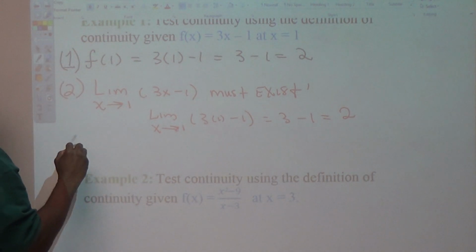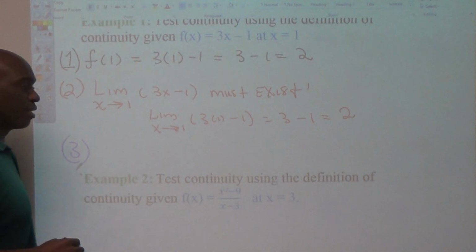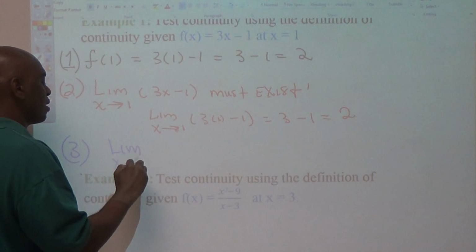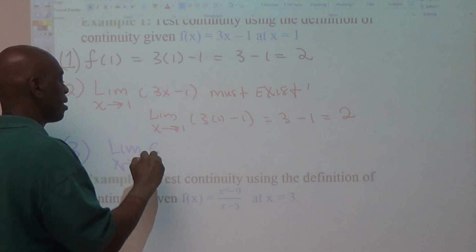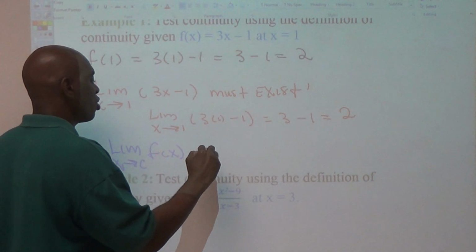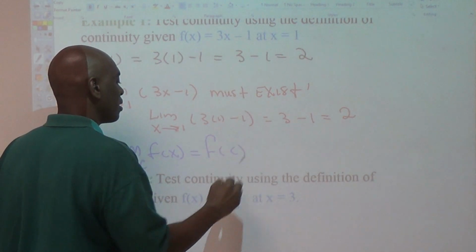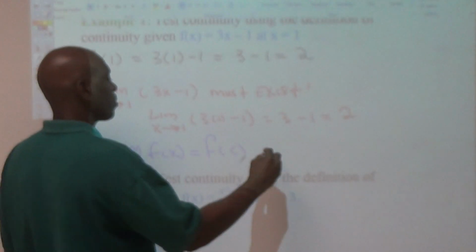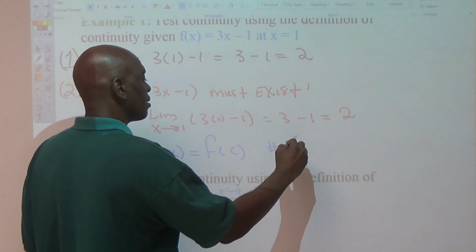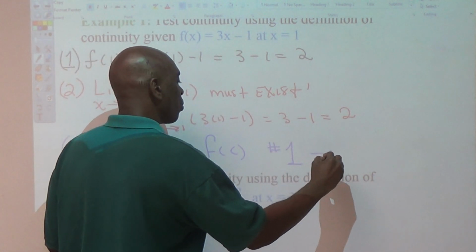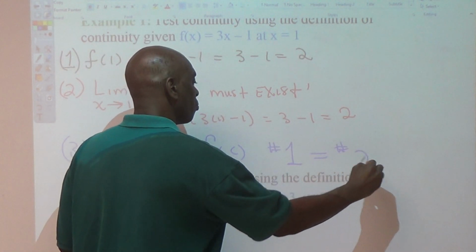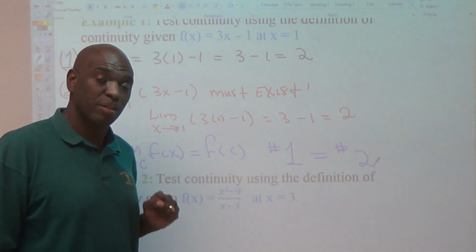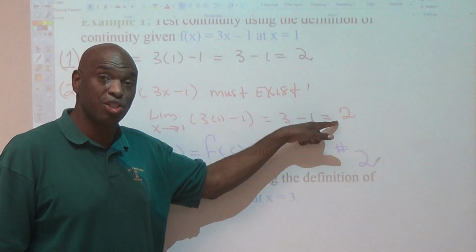And then condition number 3 states that the limit as x approaches c of f of x has to equal f of c. In other words, condition number 1 must equal condition number 2 to satisfy condition 3. Now, does condition 1 equal condition 2?